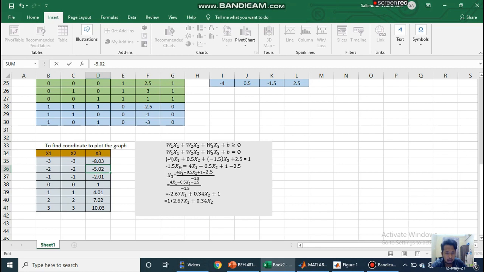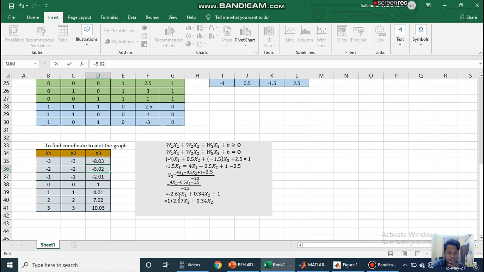So that means 1.5 x3 equals 4 x1 minus 0.5 x2 plus 1 minus 2.5. Then for the negative 1.5, we get x3 equals 4 x1 minus 0.5 x2 plus 1 minus 2.5 over negative 1.5.